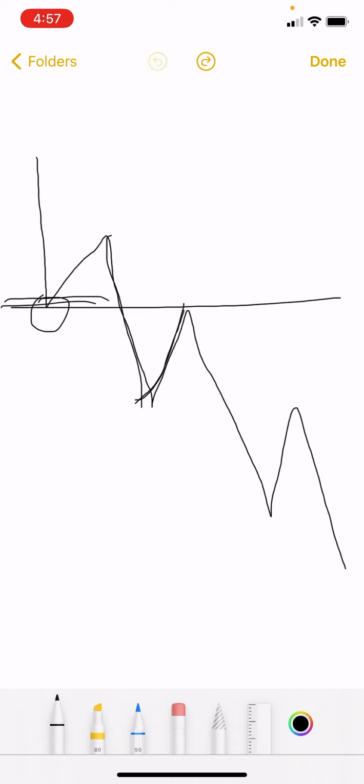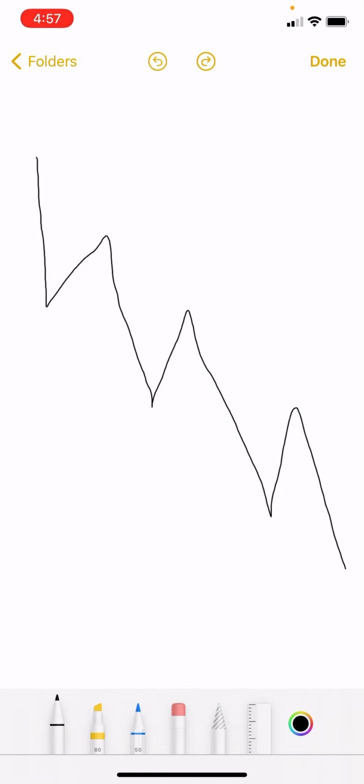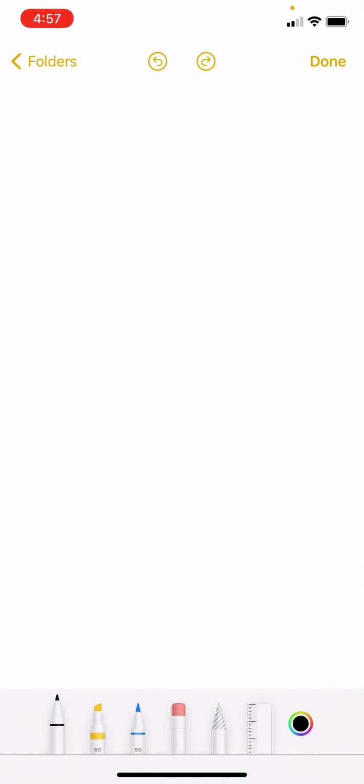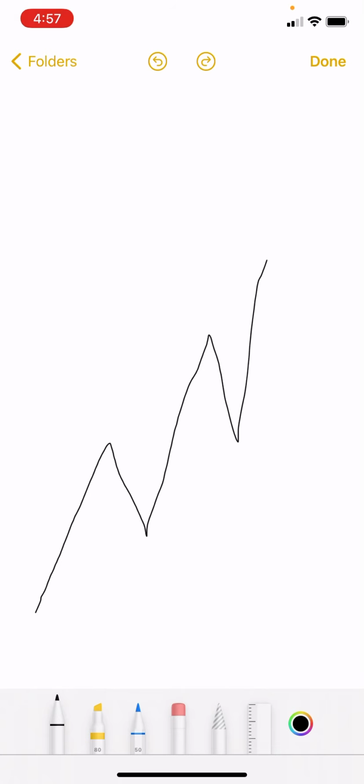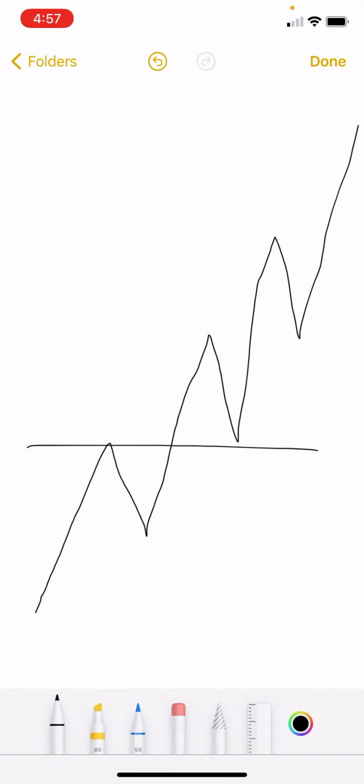And next, suppose the market is trending on the upside, it will go up like this, pull back, go up, pull back, go up, pull back, and so on. So now when you see the market, for the first time it faces a resistance around this area and then falls back. And later on, the market tries to break this area, and once it breaks, the majority of retail traders jump from here and try to catch the market from this area.